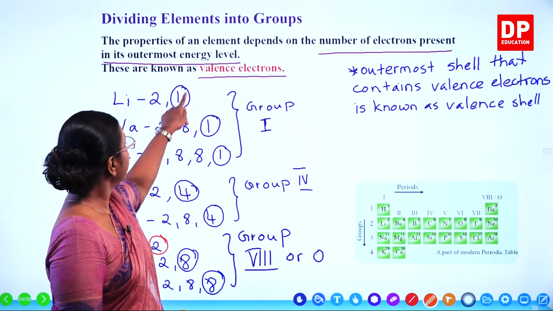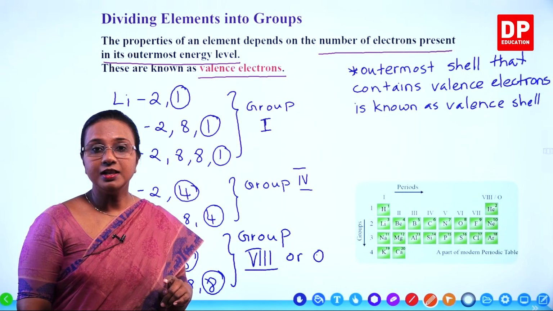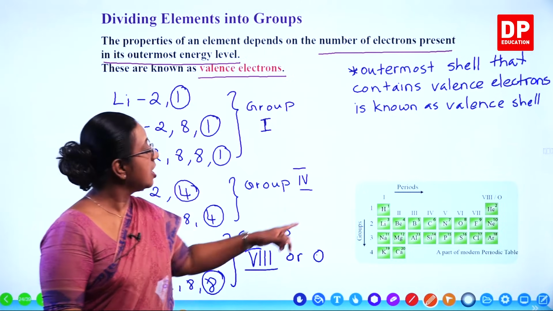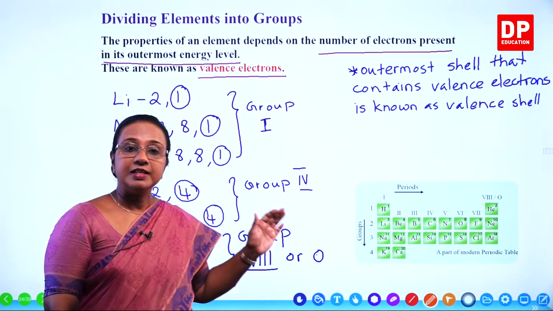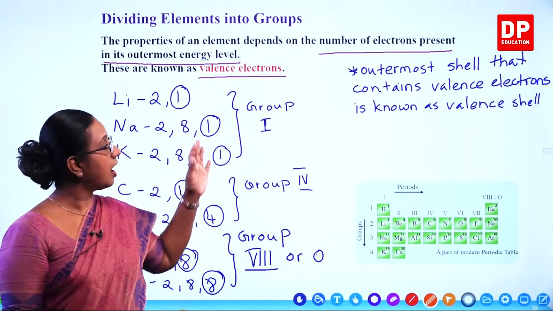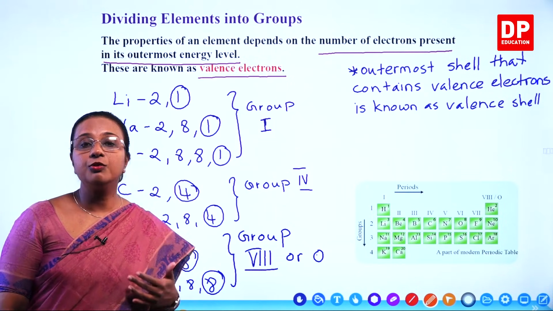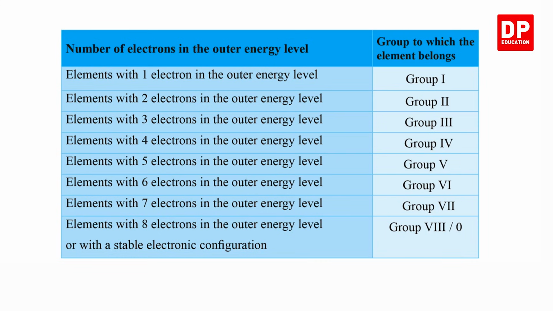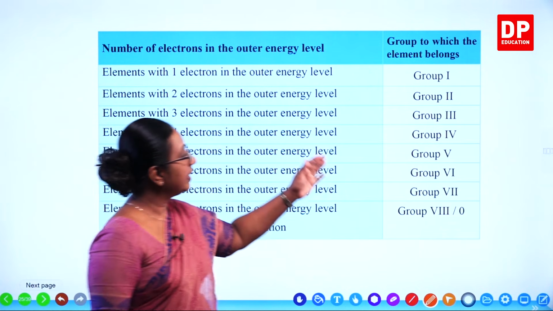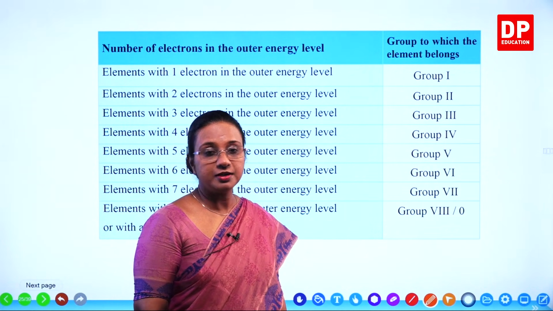And also the number of electrons in the outermost energy level will be equal to the group number of that element. With that in mind, we will see how elements are arranged into periods and groups in the periodic table.